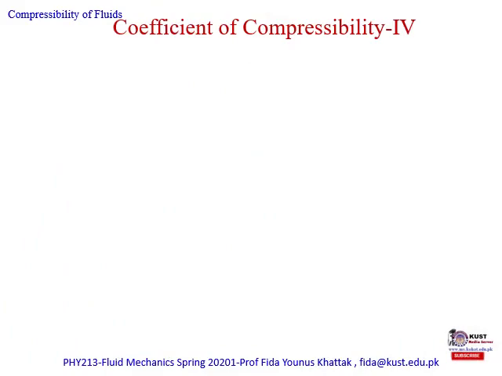Coefficient of compressibility for an ideal gas: we know that P is equal to rho R T for an ideal gas, where rho, remember, is the inverse of the specific volume.